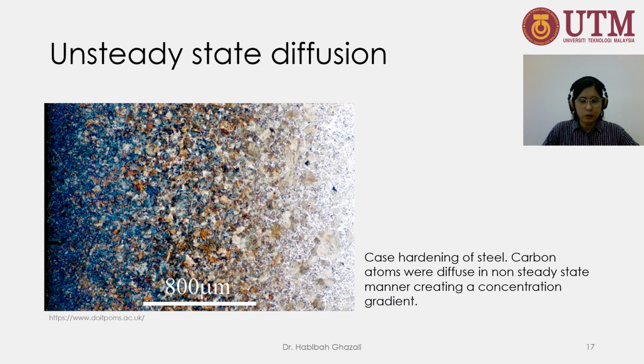This is a microstructure of a steel that has gone through a case hardening process. In this process, carbon atoms were diffused into a steel product in a non-steady state manner, creating a concentration gradient. In non-steady state diffusion, more and more of these carbon atoms will fill the steel product.